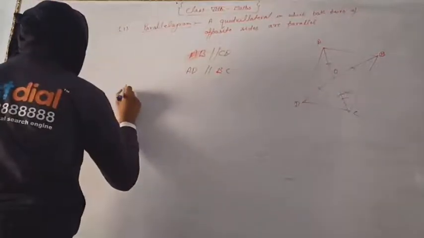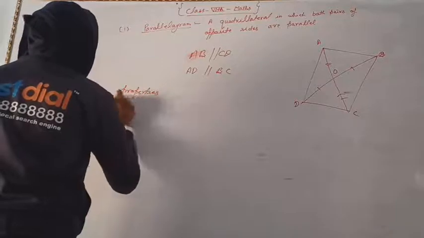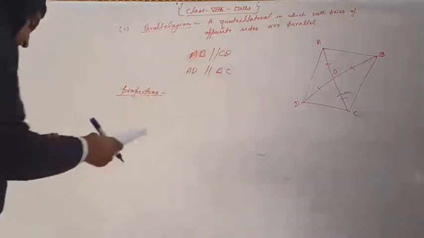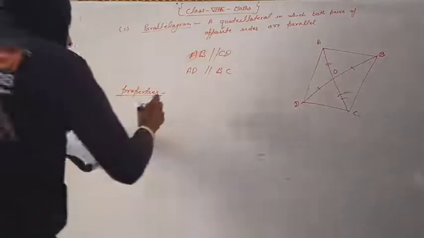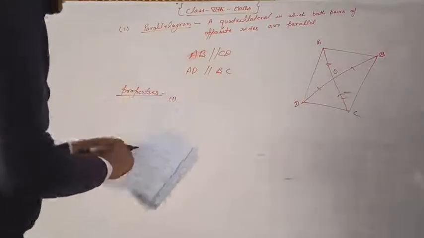Properties. What are the properties of a parallelogram? First property: opposite sides are equal and parallel.